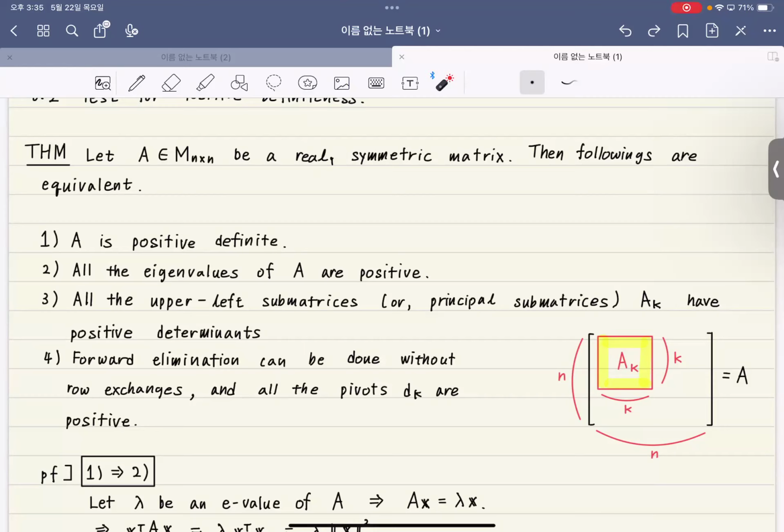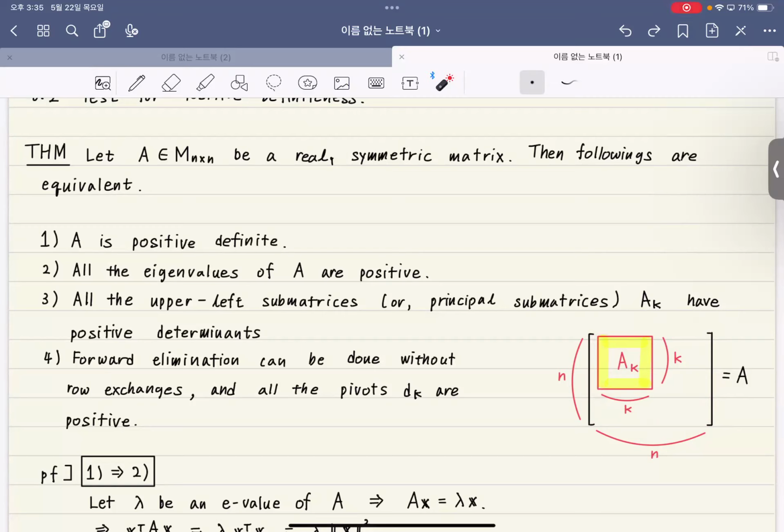Okay, and number 3. The statement number 3 is about the principal submatrices. So what are the principal submatrices? If this is your n by n real symmetric matrix A, then a principal submatrix can be obtained by drawing a square starting from the top left corner of your matrix.